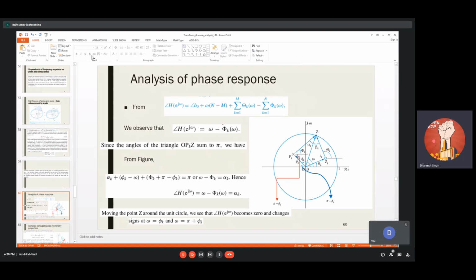So we see that this part of the angle is equal to this angle because this is a parallel line to this axis. So these two angles are alternating angles and therefore they are equal. So this angle is equal to pi minus phi k. If we make that inference, then we can write out the sum of the angles inside the OPKZ triangle.